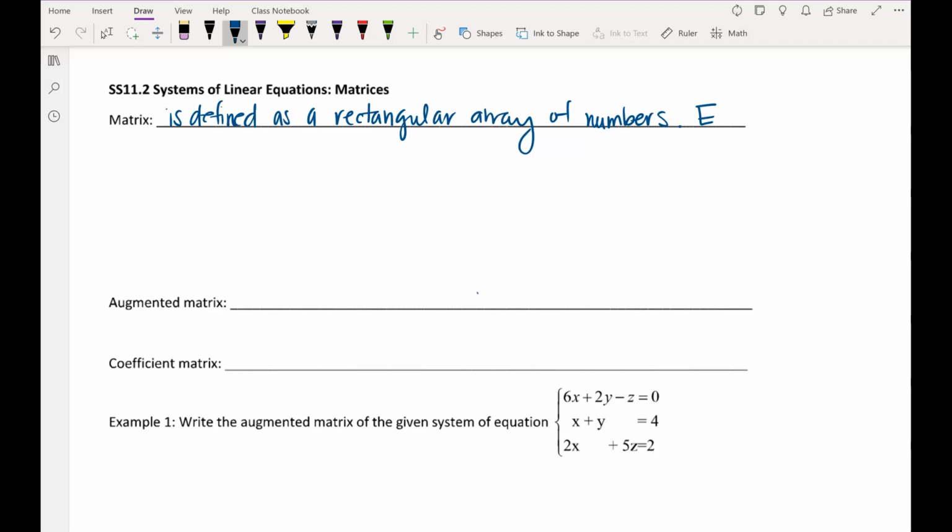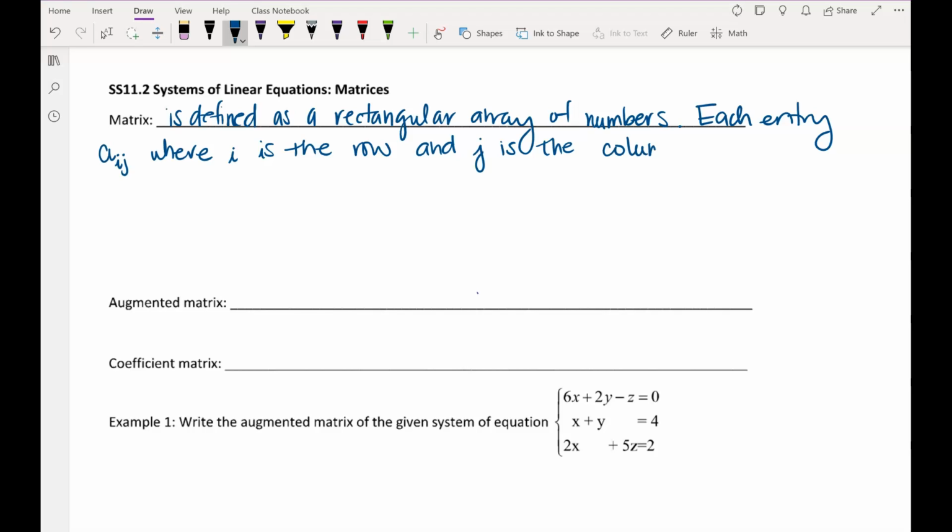Each entry we call A subscript I subscript J, where I is the row, and J is the column.